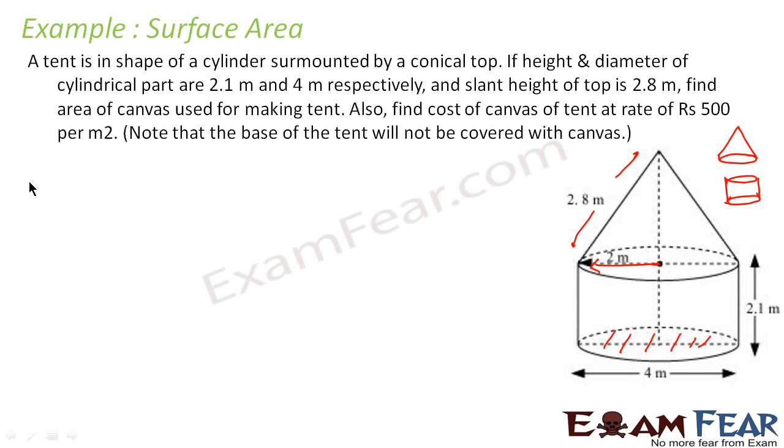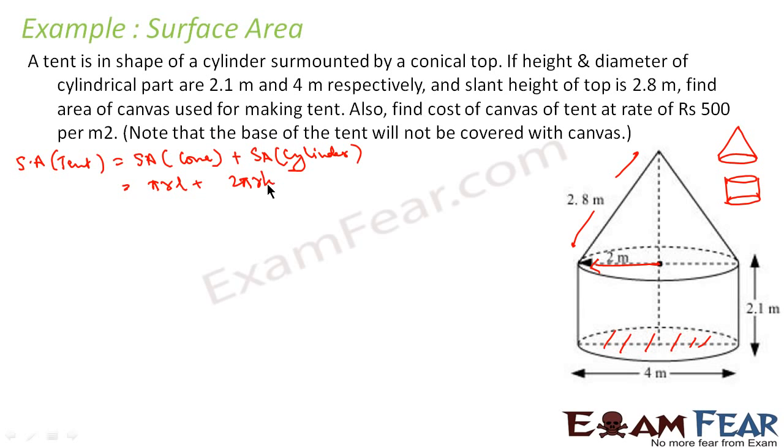So we can say that the surface area of the tent is equal to the surface area of the cone plus the surface area of the cylinder. So this becomes pi r l plus 2 pi r h.